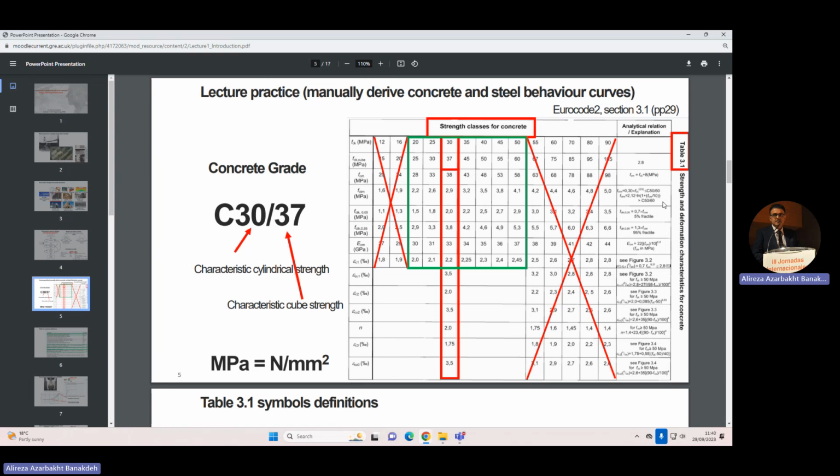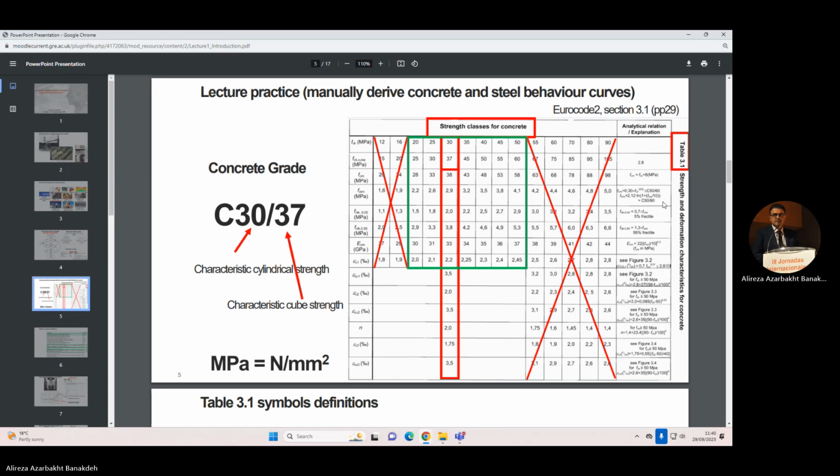Everything is in terms of megapascal, which means Newton per square millimeter. Okay? So this is a specific type of concrete. This is another type of concrete. From left to right, it's increasing. This is the weakest, getting stronger, very strong, the strongest concrete we can use for our design.